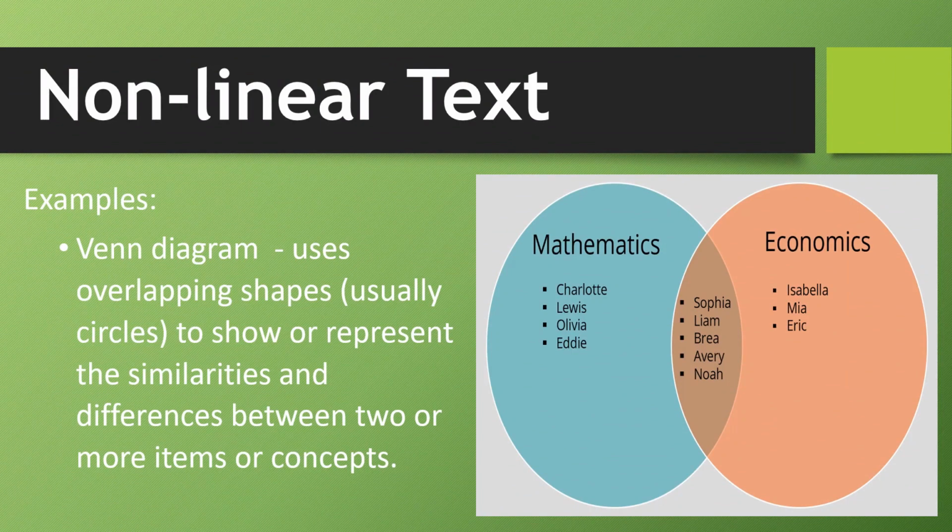Another example for nonlinear text is a Venn diagram. It uses overlapping shapes that are usually circles to show or represent the similarities and differences between two or more items or concepts.